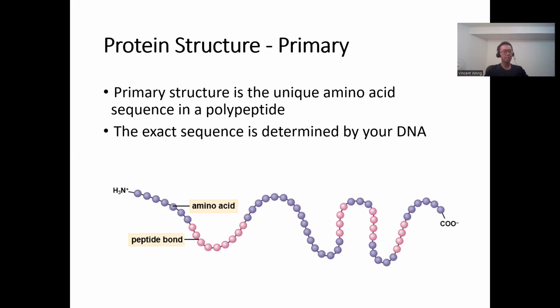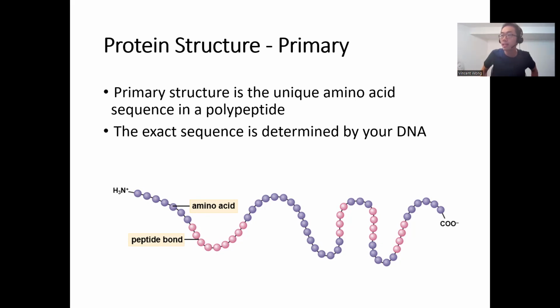So when your body makes a protein, it will choose the amino acids to use. We have 20 of them, right? So which one do we connect together? Maybe valine connected to phenylalanine, and then histidine, and so on and so forth. So the sequence from one end to the other, that unique sequence, is called the primary structure.